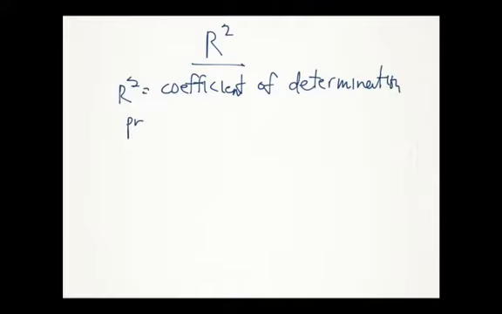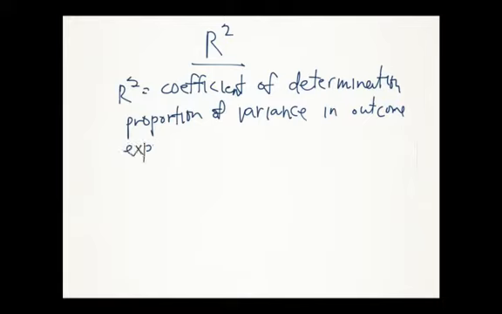And it's the proportion of variance or variability in the outcome explained by the model. So in our example, we know that BPF for different people varies, but what R-squared tells us is the amount of the variation in BPF that we can explain with a patient's age, okay?